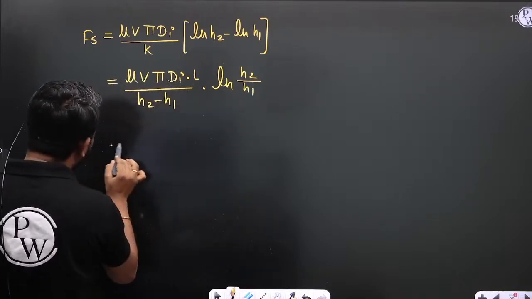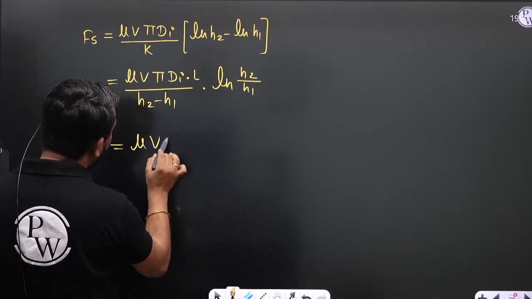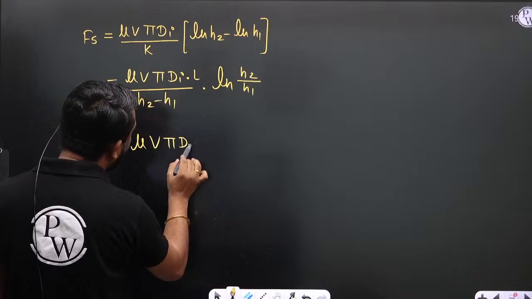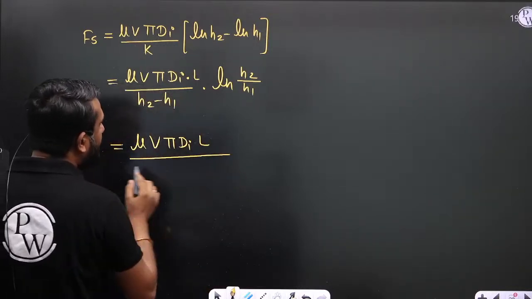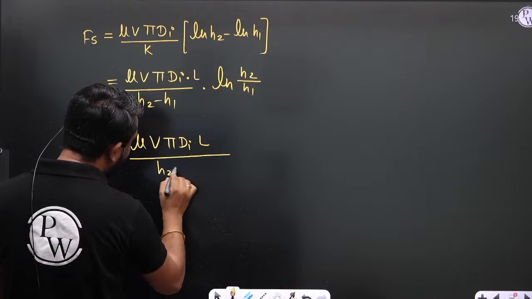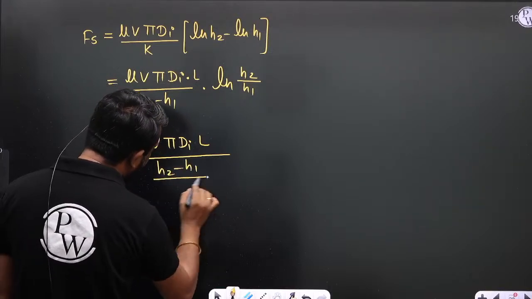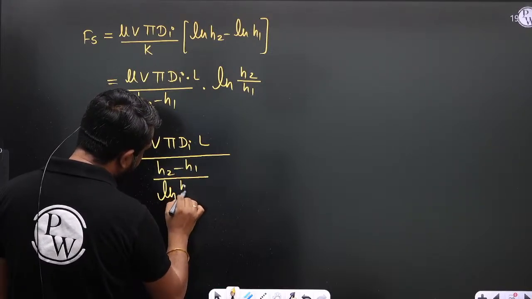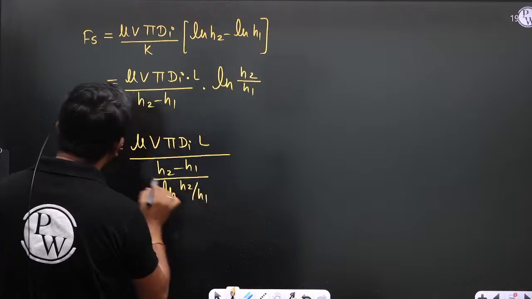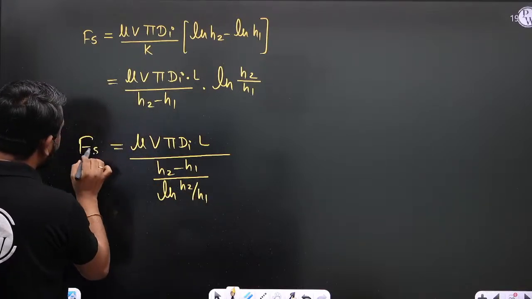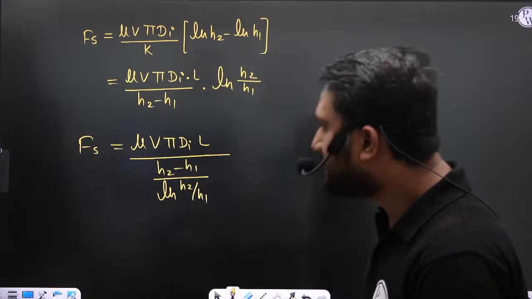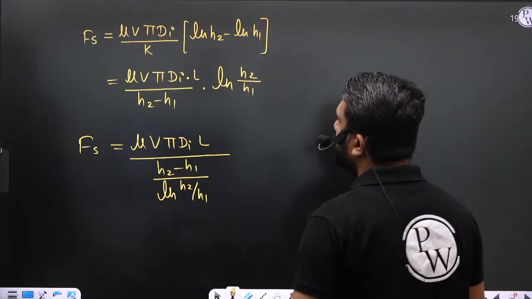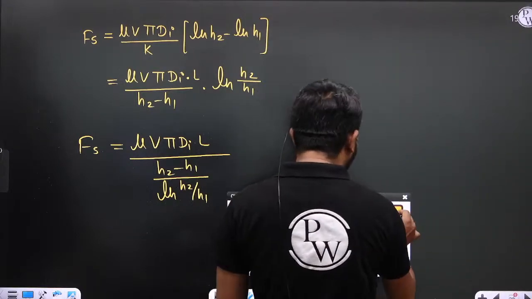So simply we can write, this is mu v pi di L divided by h2 minus h1 divided by ln h2 by h1. This is the shear force experienced by this shaft, or this is the force which is required to pull the shaft.